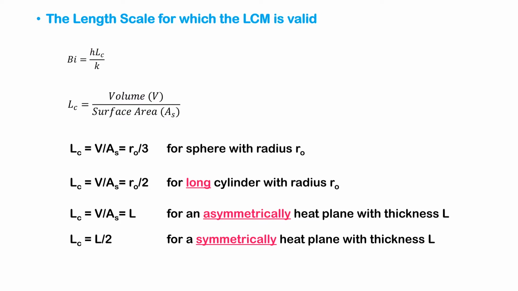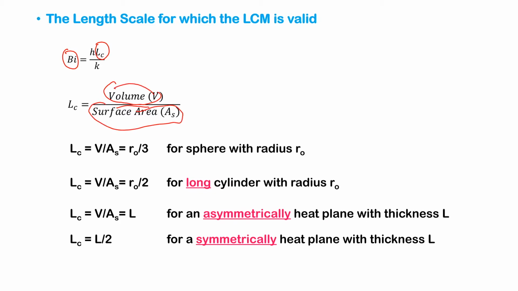So now let's focus on this Biot number some more. What is Lc here? Lc means the characteristic length. How do you calculate that? The characteristic length is defined as the volume of the object divided by the surface area of the object.